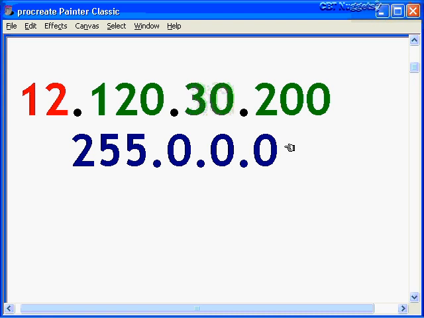This is a set of zeros and ones that tells us which part of the address is the network portion and which part is the host portion. And again, this is a Boolean algebraic process.